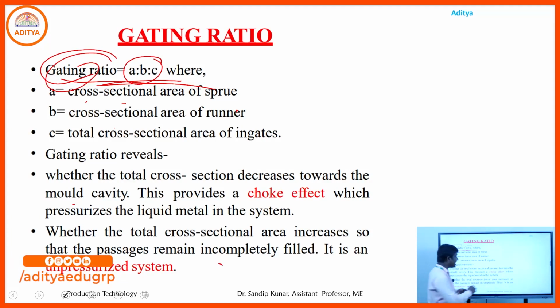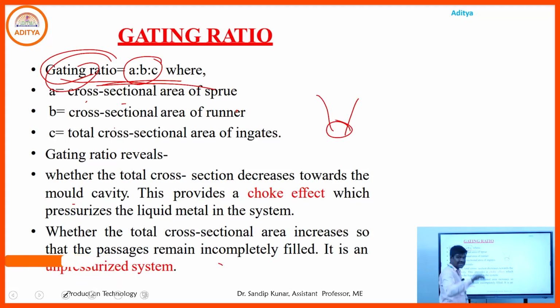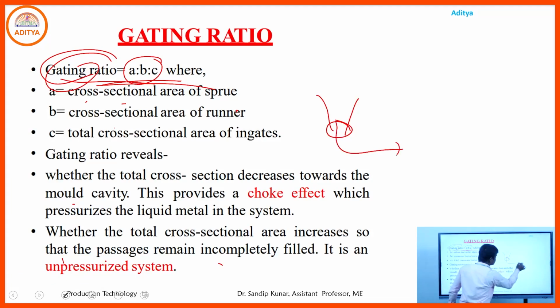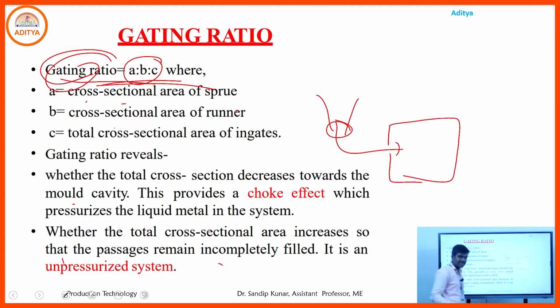If we create the choke system, it creates pressure, and due to pressure the molten metal gets into that particular mold cavity. If you remove that choke system, it does not create pressure, and sometimes the molten metal does not fill up the total mold cavity, meaning cold shut type problems will occur.